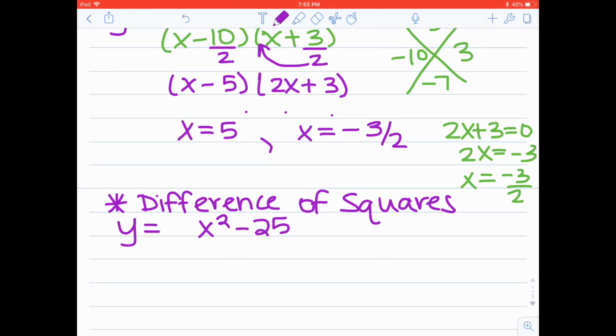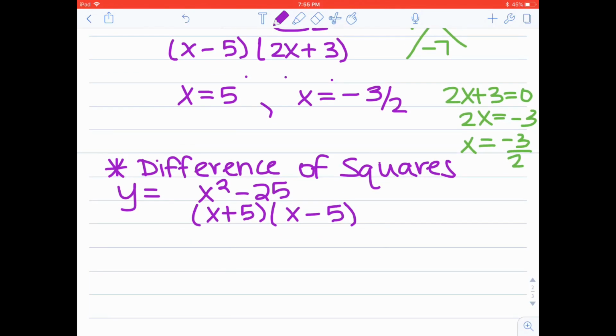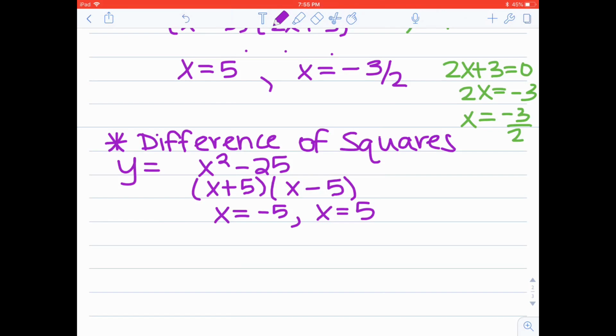So whenever you do difference of squares, you get two sets of parentheses, one with a plus, one with a minus. So we've got x plus 5, x minus 5. And so my two solutions here would be -5 and +5. So that was pretty simple.